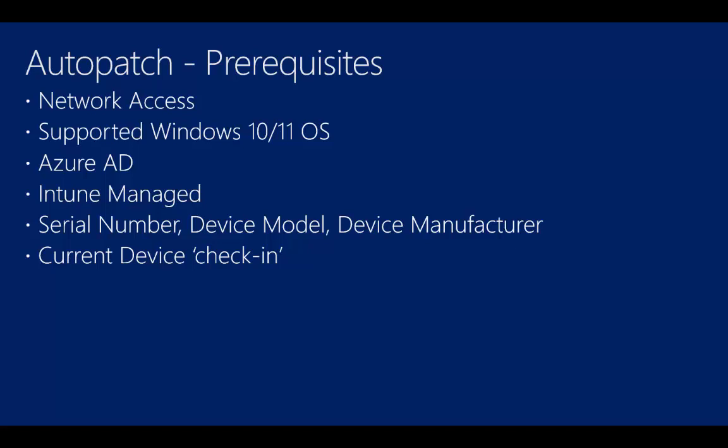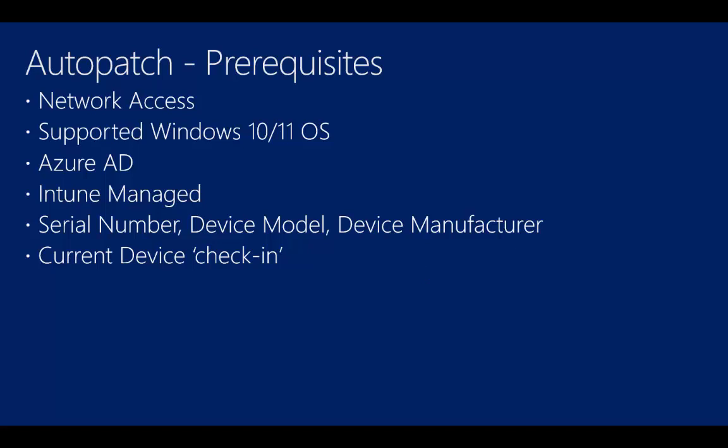Being able to have access to the serial number, device model, and device manufacturer, which should be no problem to collect with Intune, and then having the device be at a current level of check-in. So the threshold is having the device check in within the last 28 days, to be factored into being able to be used in Autopatch. All right, so pretty simple.